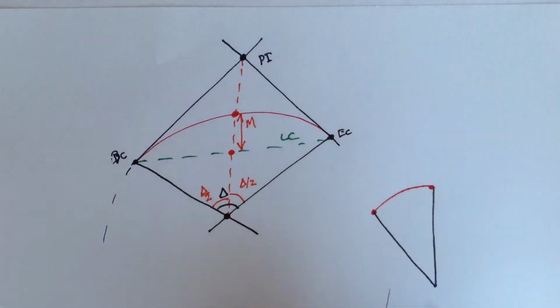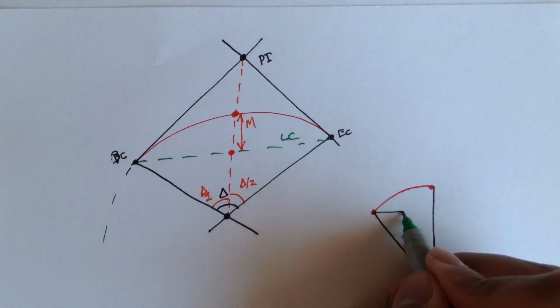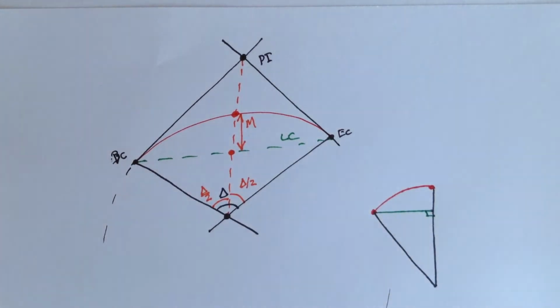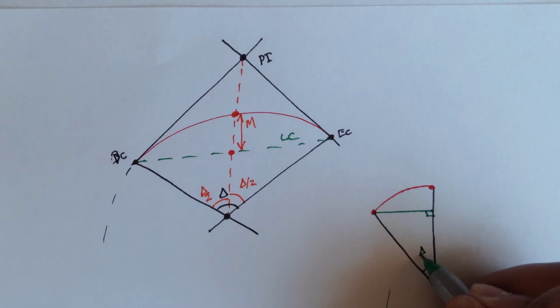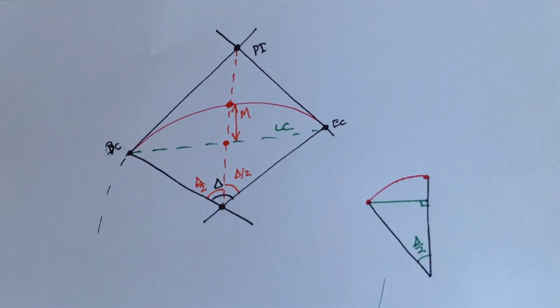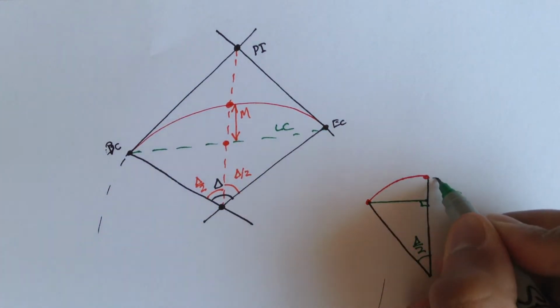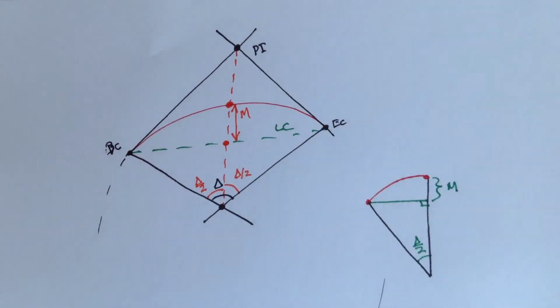And the long chord, which is this green distance, right? And we said this was delta over 2. So the middle ordinate is this distance, the curve to the long chord.